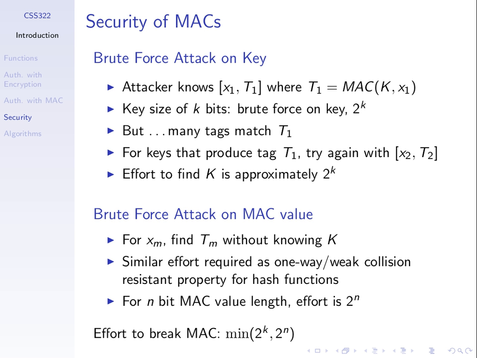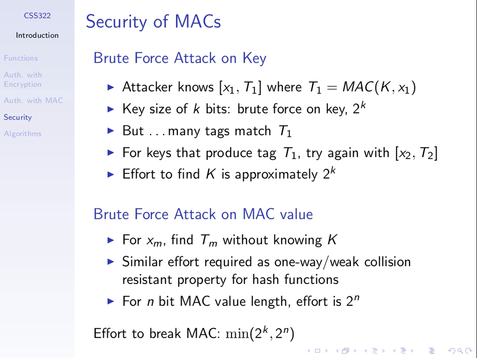If you find a set of possible keys, then you try with another pair of known message and tags. If you also know M2 and T2, where T2 was obtained using the same key K, you check the possible keys with the second pair and they should indicate the correct key.